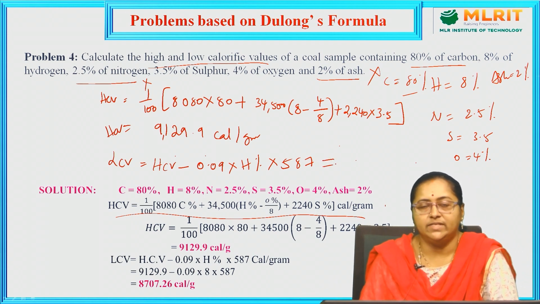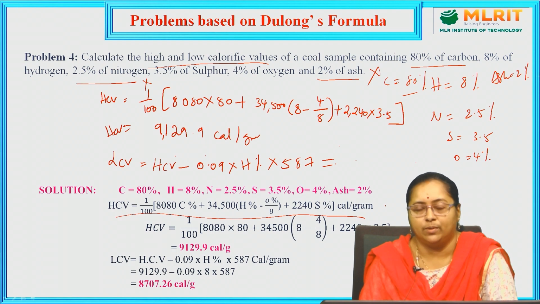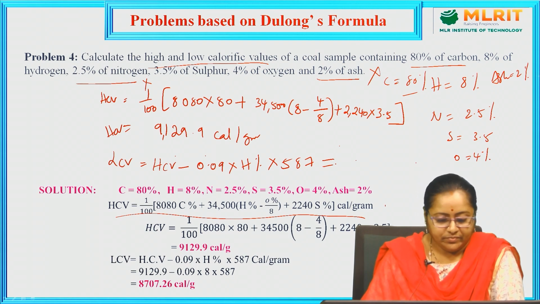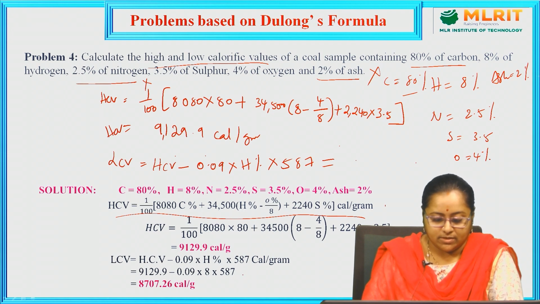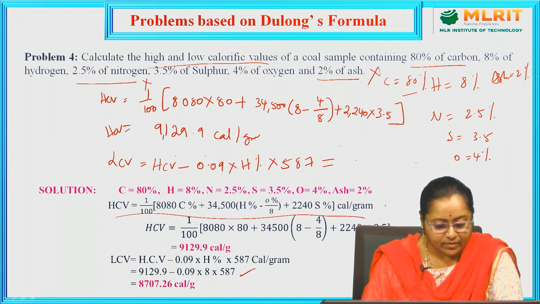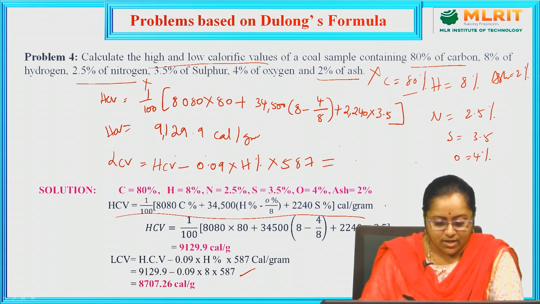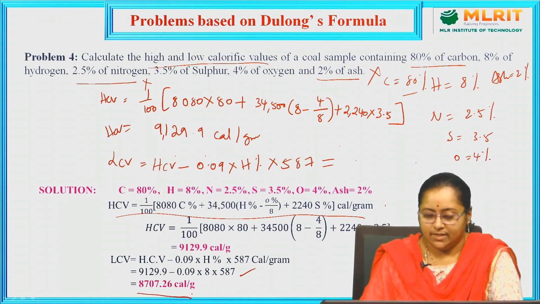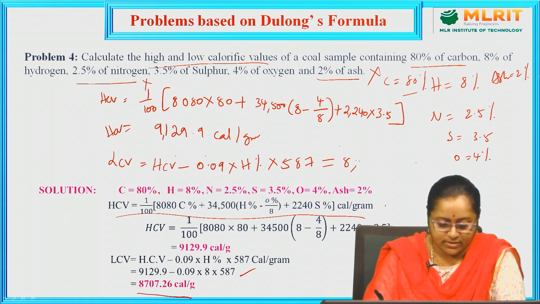Sometimes this 587 is given in the problem as data, and sometimes they won't give it. That means we have to keep it in mind and substitute the latent heat of condensation. By substituting all these things, we get the result of LCV as 8707.26 calories per gram.